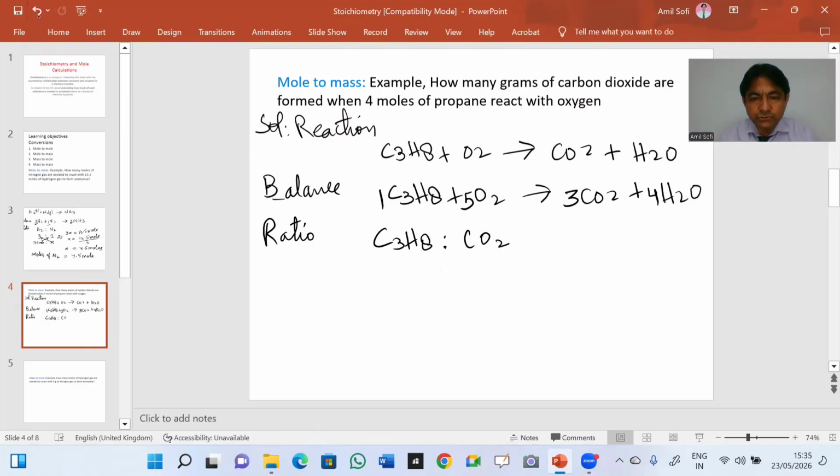So now let's see. Propane is 1 times, its coefficient is 1. Carbon dioxide's coefficient is 3. So I will write the ratio 1:3.